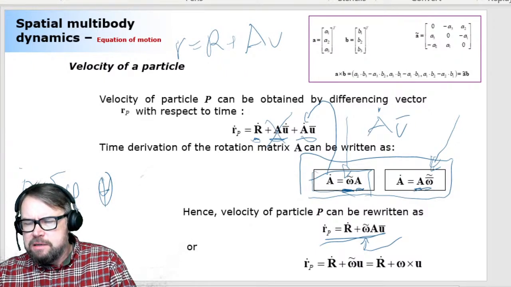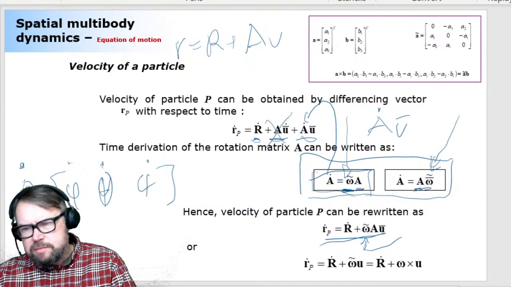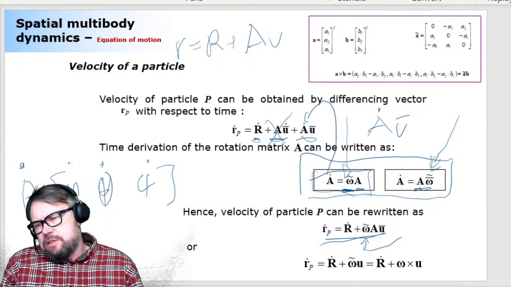This is theta, like this. When you differentiate that with respect to time, these will all be dots. Now this is not the same as angular velocity. How come it is not the same?